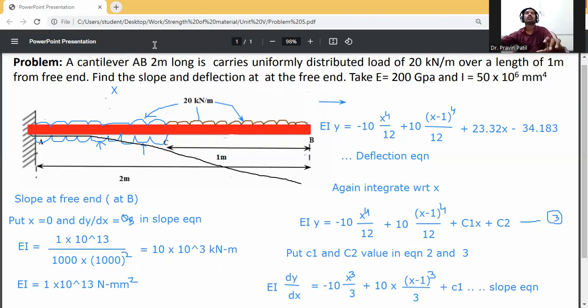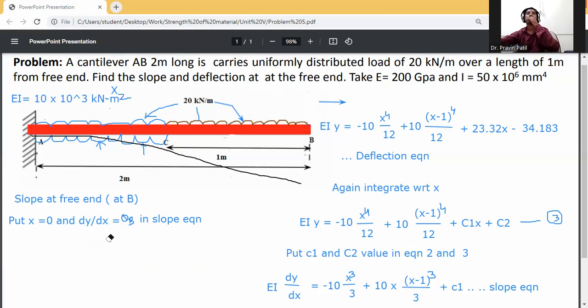I will write down EI is equal to 10 into 10 raised to the power 3 kilonewton meter square. I will note down this value.